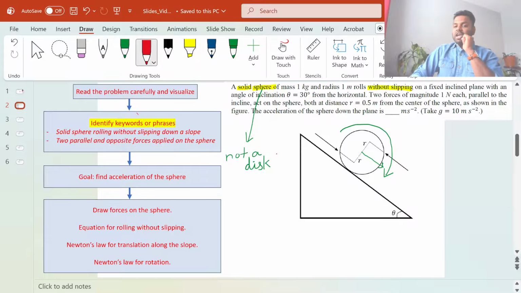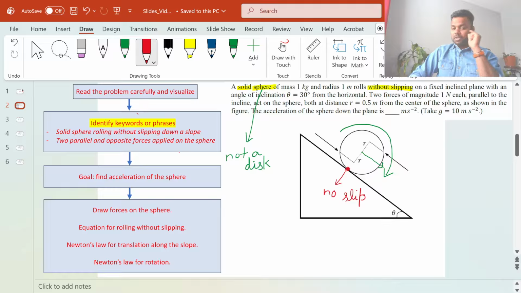That means at this point there is no slip, right? So we can say the velocity of the disk at this point at any time is equal to the velocity of the slope, which is 0.